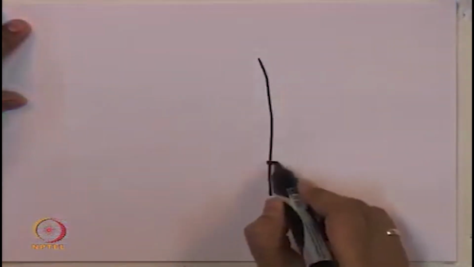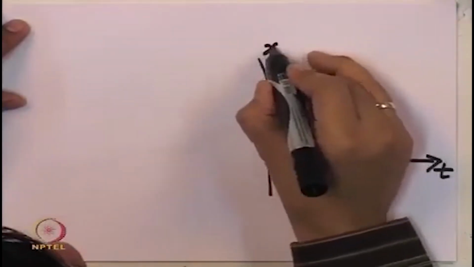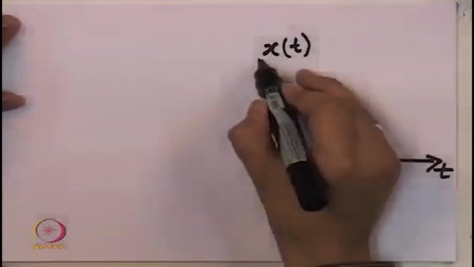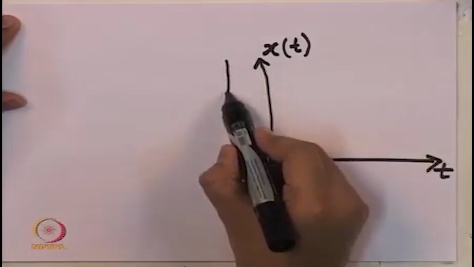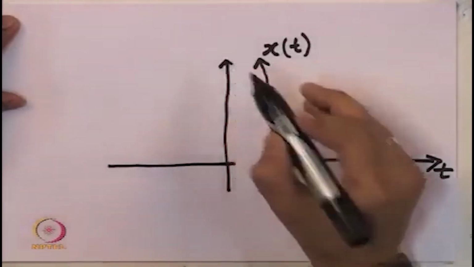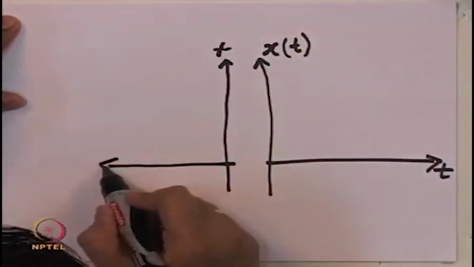But since we are interested in seeing how x varies as a function of time, we are interested not just in f with respect to x, but also in a graph of x versus time, because the variable x is evolving as a function of time. In such a situation we would like to draw a graph of f versus x and x versus time, and this is one convenient way to do it.